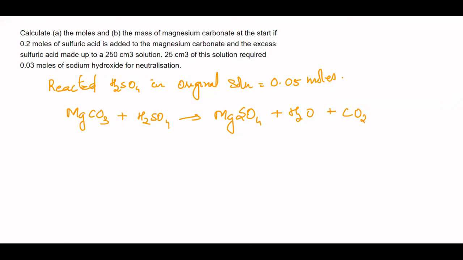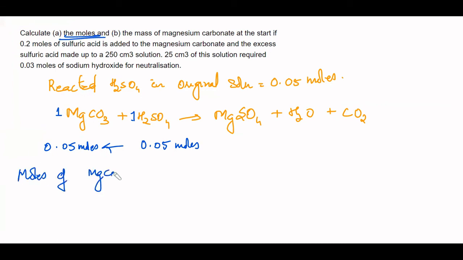So as per this equation, the ratio between magnesium carbonate and sulfuric acid is 1:1, meaning if there is 0.05 moles of sulfuric acid, it has reacted with 0.05 moles of magnesium carbonate. So this was our first part of the question, calculate the moles. So moles of magnesium carbonate is equal to 0.05 moles.